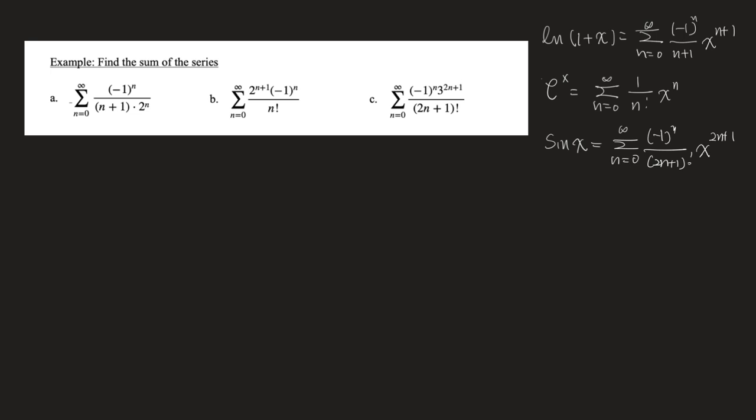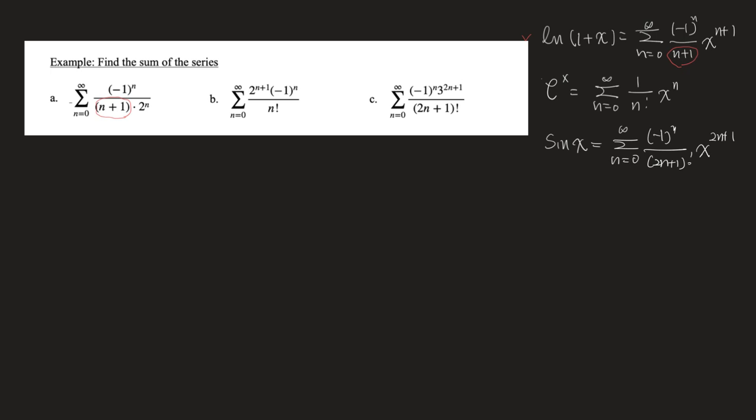So first we have to figure out which function this power series represents. That's the first step you have taken. So how do you know? I explained in previous slides. We're going to see the denominator. Okay, denominator n plus 1, here's n plus 1. So we're going to use the ln function.